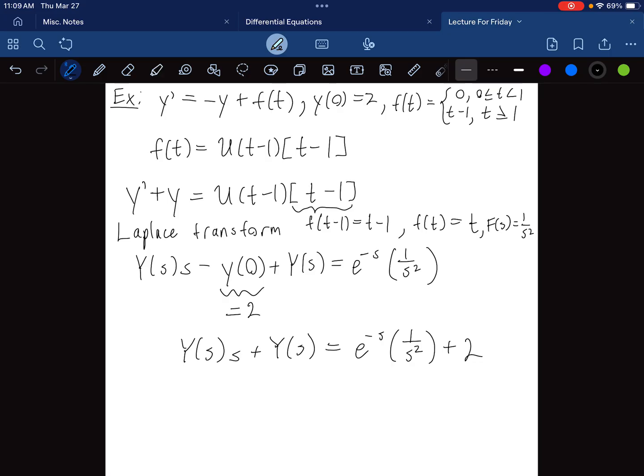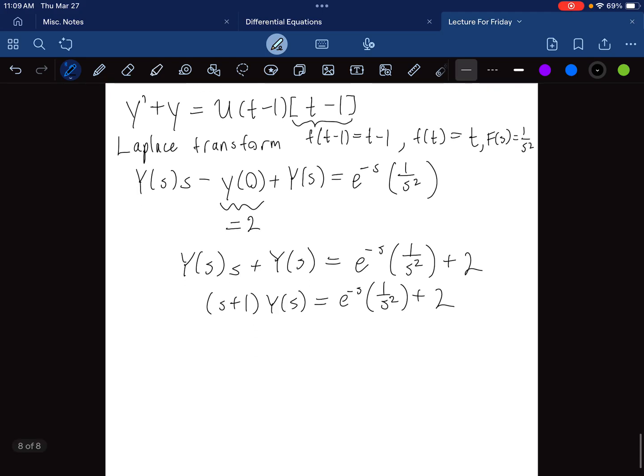And so we can factor out the capital Y of s on the left-hand side to get s plus 1 times capital Y of s is equal to e to the negative s, 1 over s squared, plus 2.